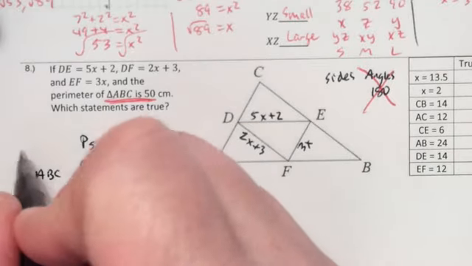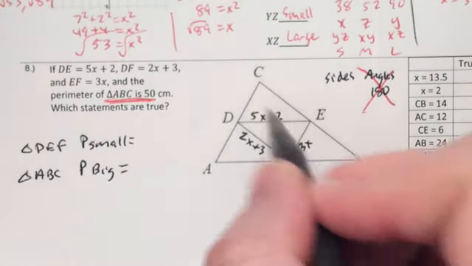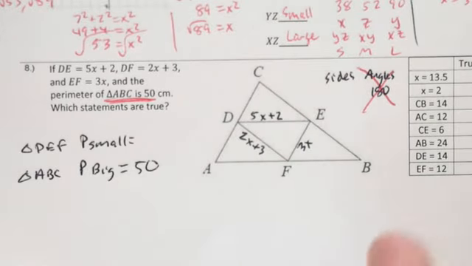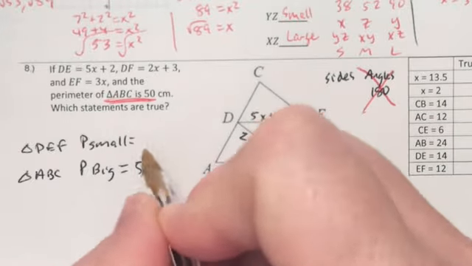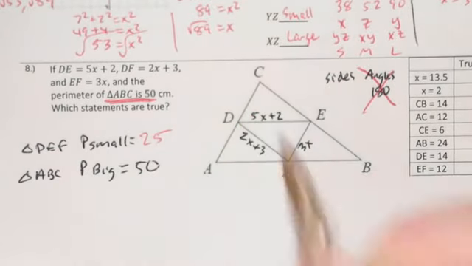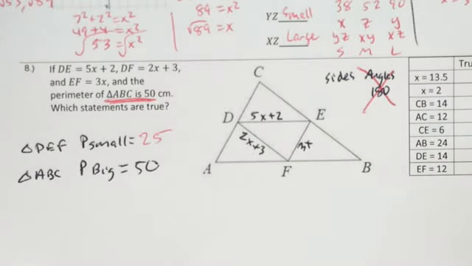And the small one would be triangle DEF. So in this case, ABC is the big one, is 50. So if that's 50, what would be the small one? Well, the small one would be half of that, so that'd be 25. So at this moment, we know that all of these, which is the small one, adds up to 25.